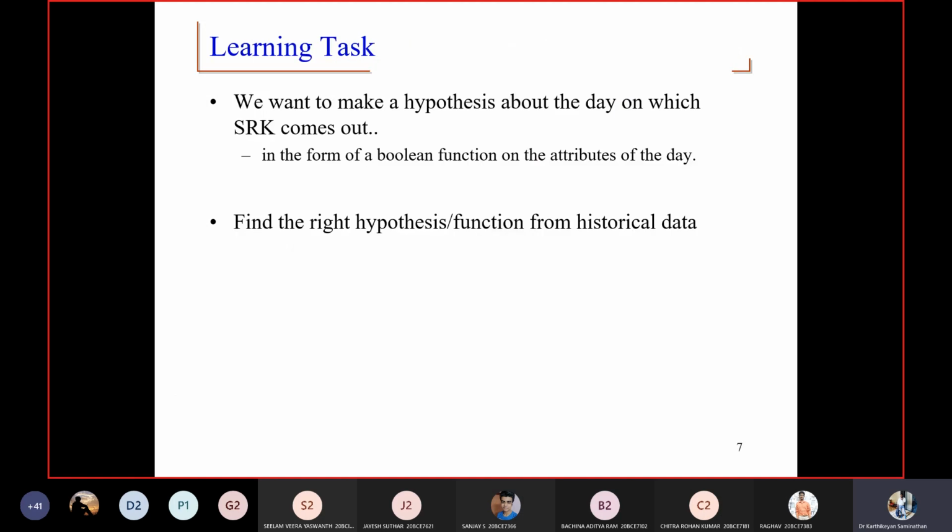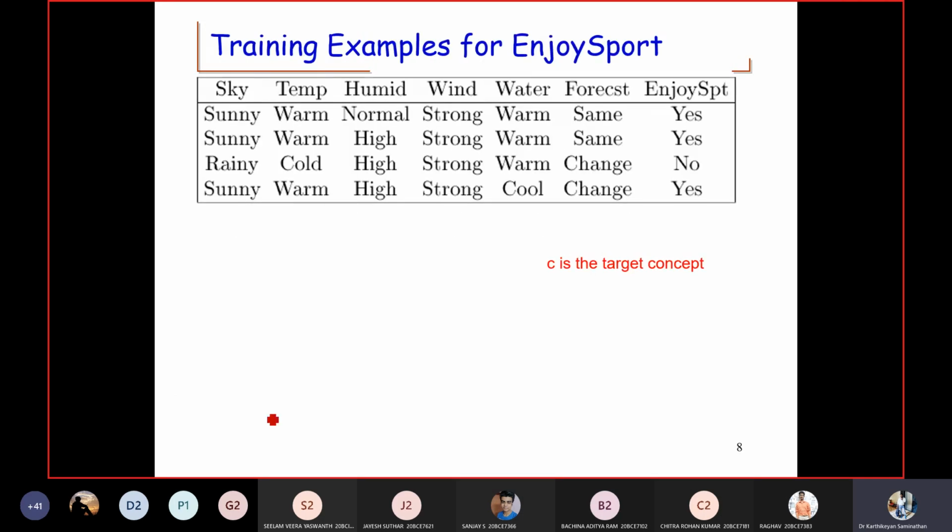That is what this table is all about. We are taking some samples. The first sample we call instance 1.